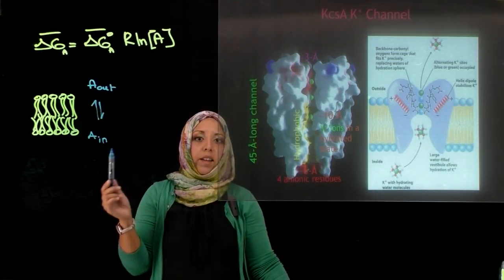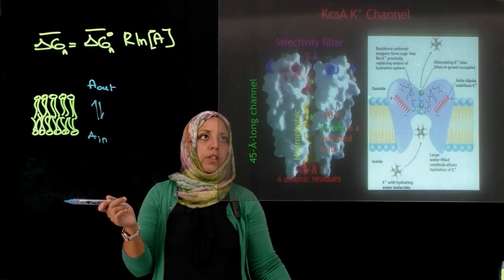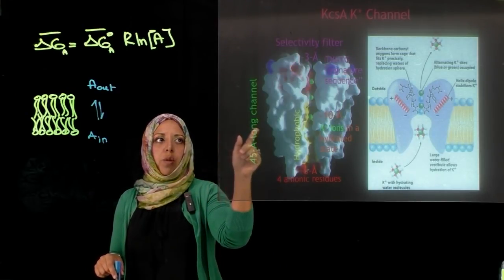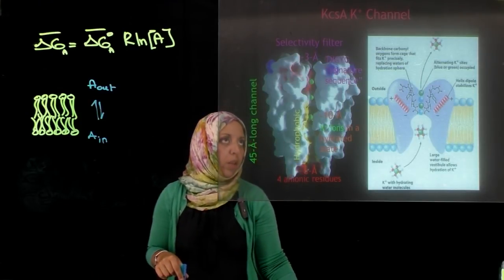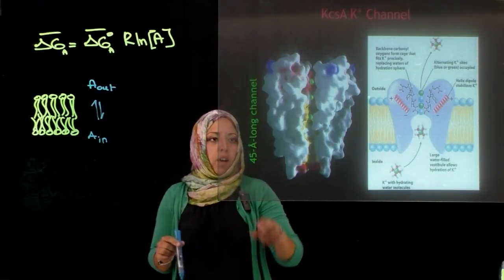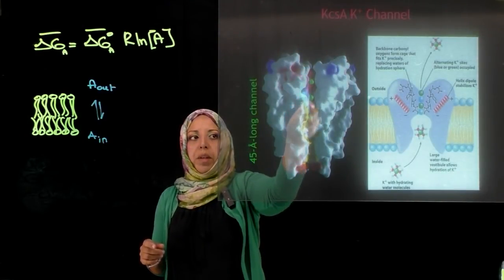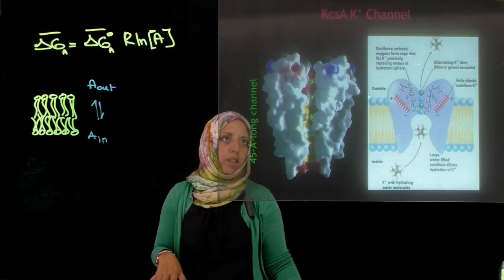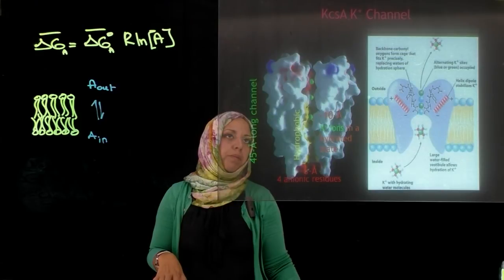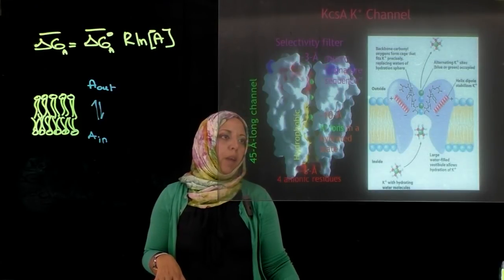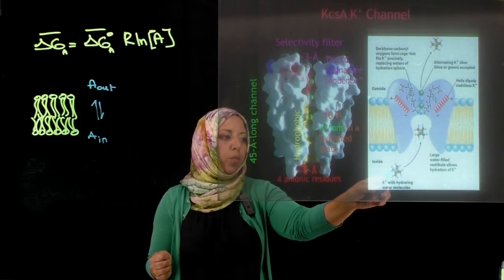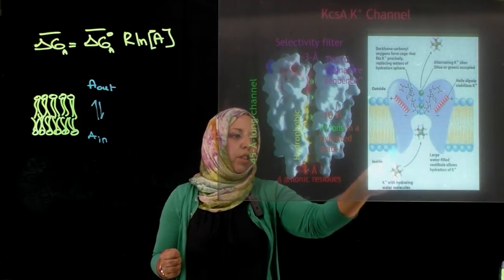And then as they exit, that's where we have the selectivity filter, right? Which has a characteristic sequence TVGYG. It's a signature sequence in potassium channels. And it is much narrower here because it basically shed off its hydrated shell, right? So if we take a look at what is happening, you have this potassium ion that comes in with hydrated water molecules, and you have this larger cavity.